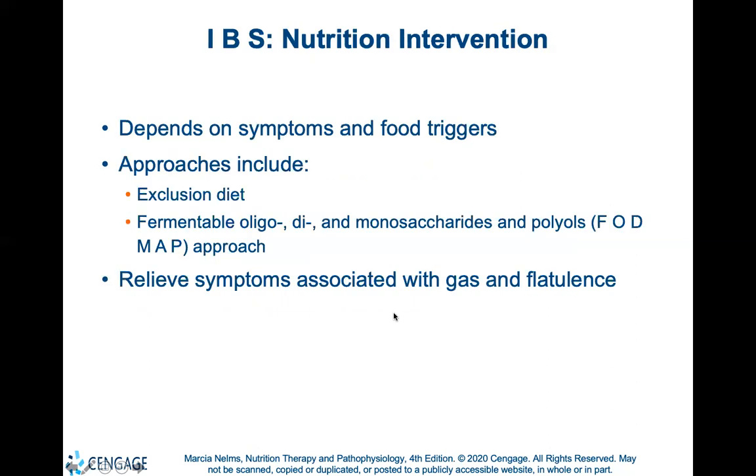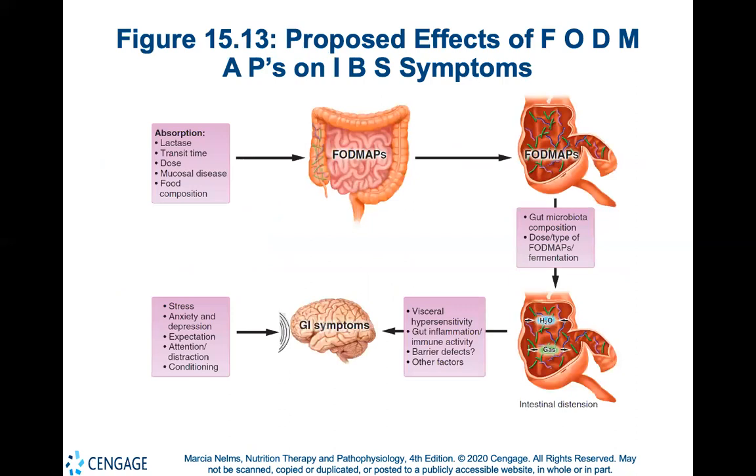It depends, the interventions will depend on the symptoms and the food triggers. We want to think about an exclusion diet or a FODMAP approach. You want to relieve the symptoms associated with the gas and the flatulence. Please review figure 15.13.